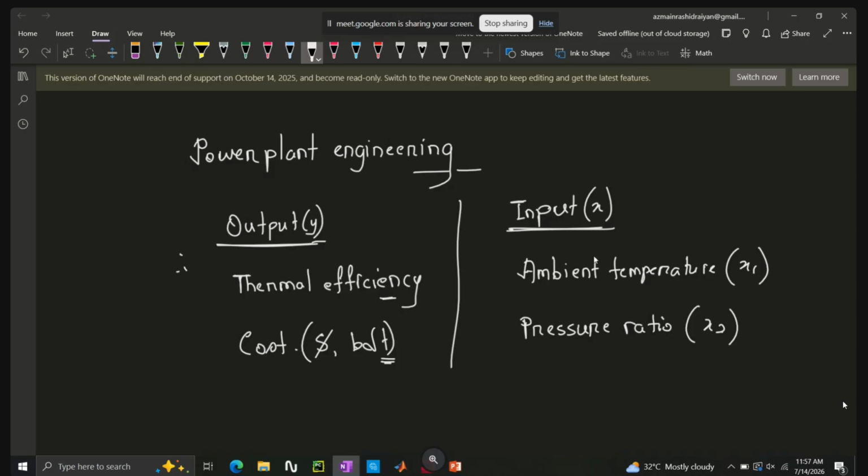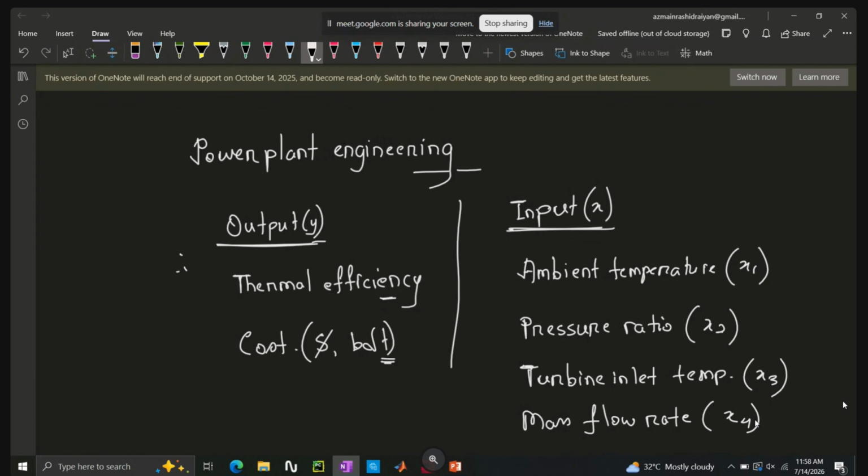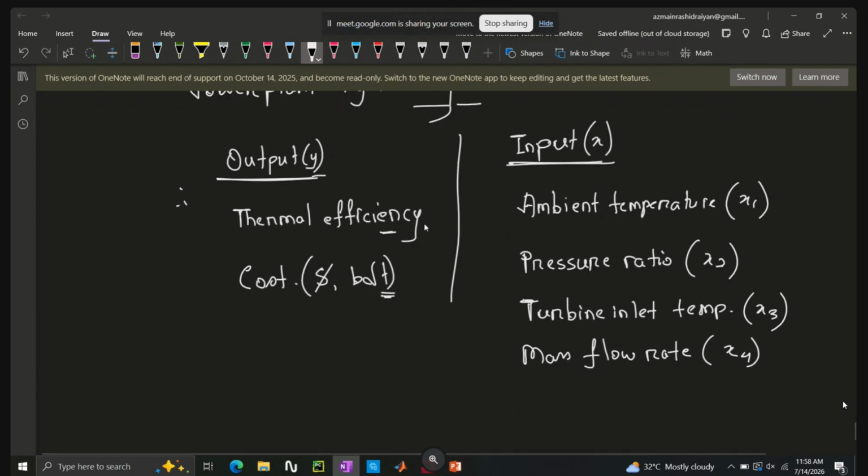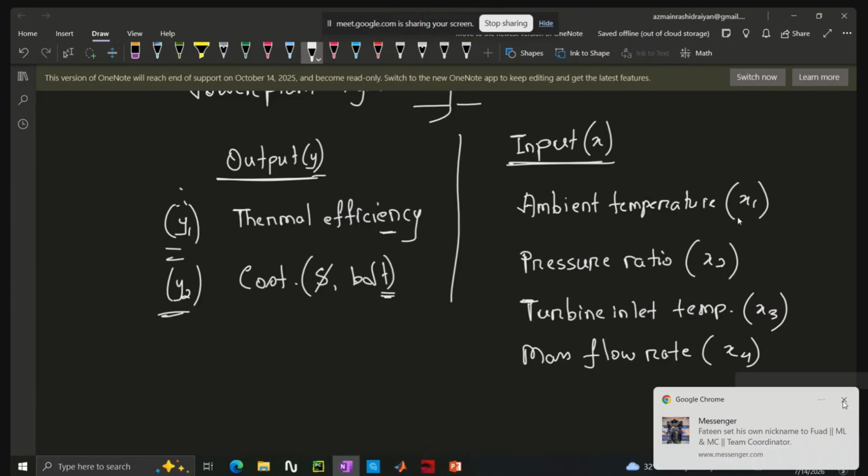Then let's say we have turbine inlet temperature, which can be written as X3, and let's say the mass flow rate, written as X4. So we have 4 input parameters, while our power plant output parameters are thermal efficiency and the cost. So these are my output parameters and these are my input parameters.